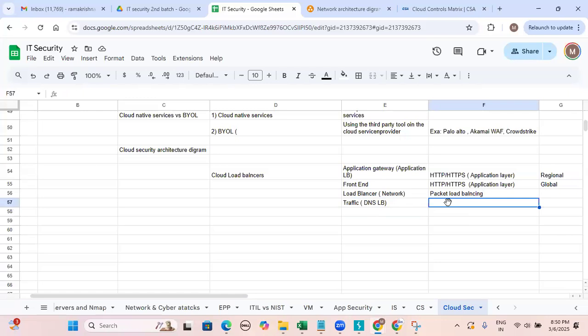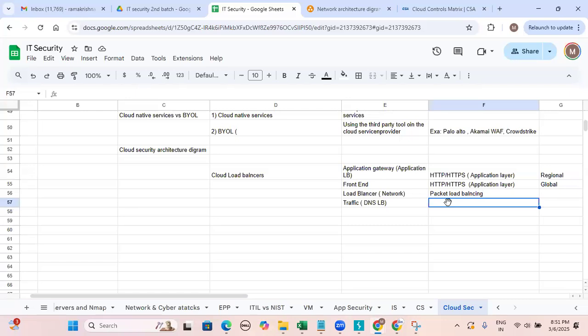So here, DNS traffic, if you want to do the balancing, too many domains, a flooding of requests coming in, to eliminate DOS or DDoS category of attack, or maybe any flooding category of attack, especially domain oriented, in that scenario we can use the DNS load balancer.